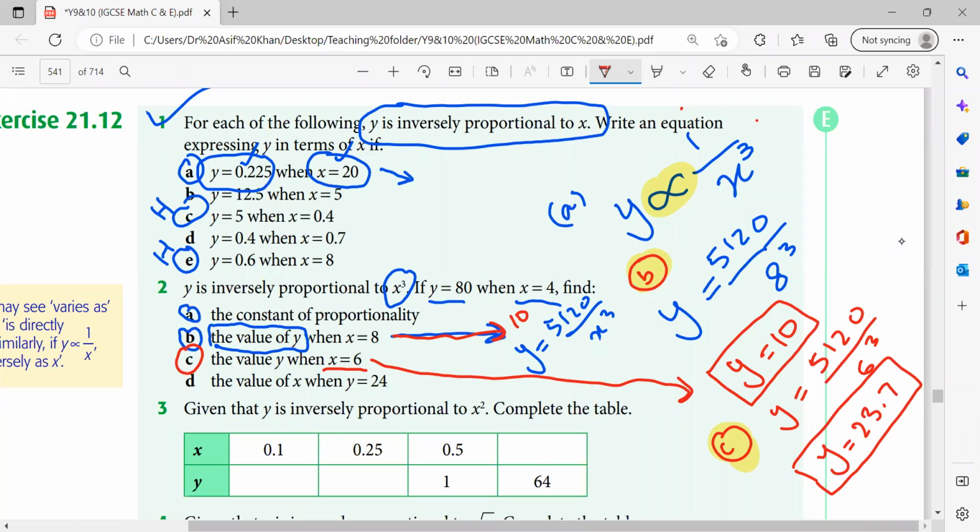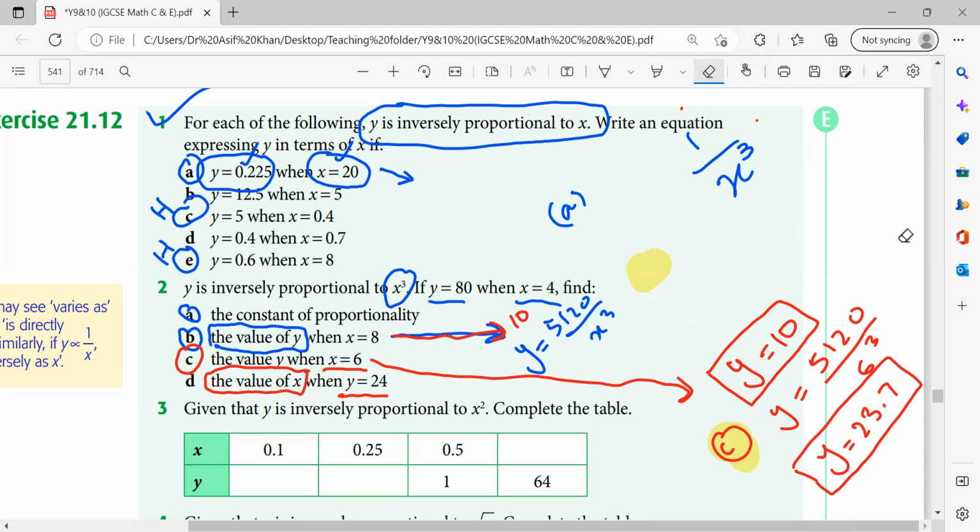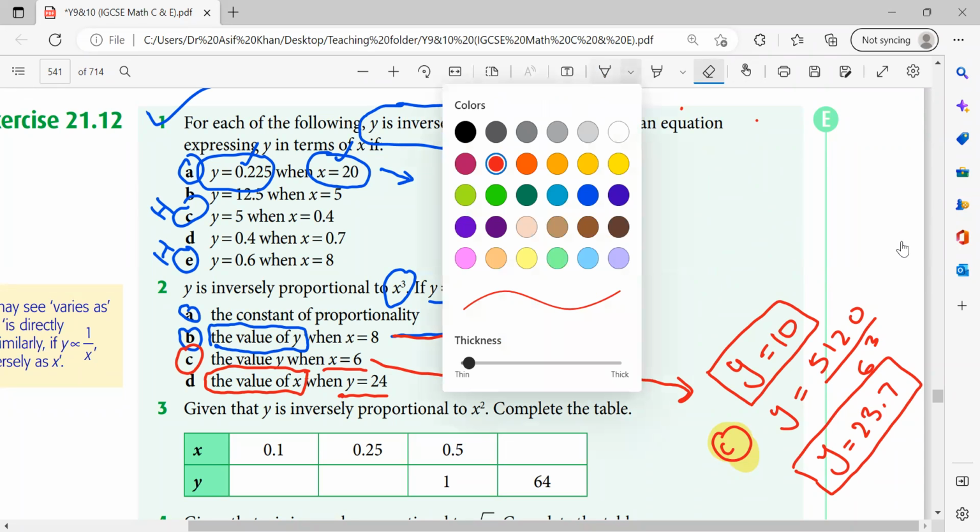Now in the last part D, he is asking for the value of x instead of y, when y is equal to 24. So this time we will put y is equal to 24 in this equation, and I'm using this place for part D and changing color as well.